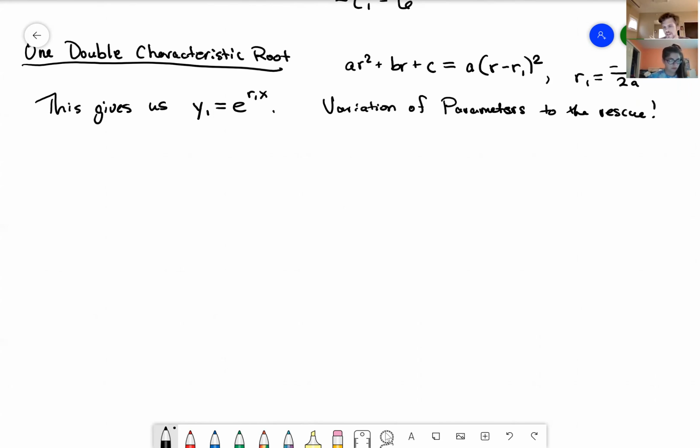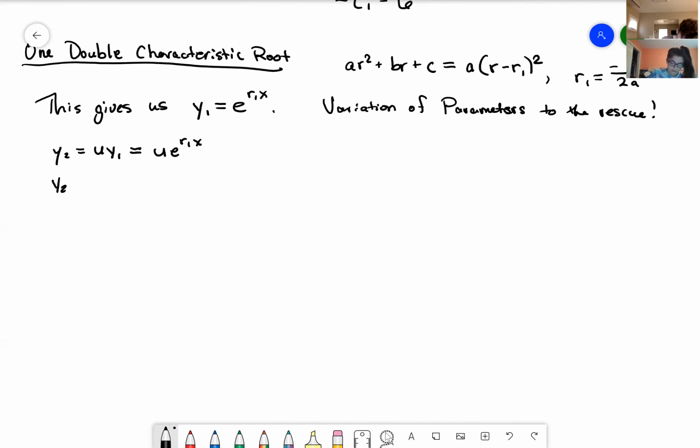We will try variation of parameters to see if this gives us a solution. So we're going to write y2 is equal to u y1. Let's write this equal to u e to the r1 x. So we'll have to figure out what y2 prime is.